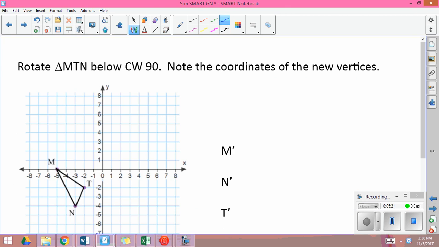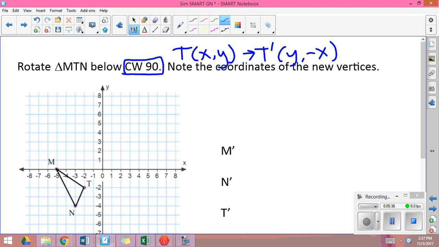So rotate it clockwise 90. Our rule for clockwise 90, and as I'm guessing you can see, these are going to be things you're going to want on a cheat sheet, says flip the order, y and x, and do the opposite sign on the x.